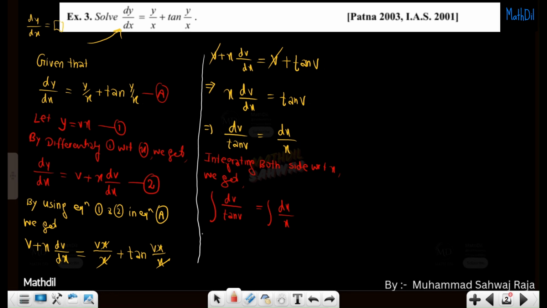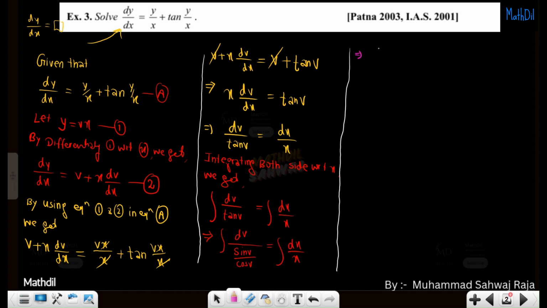And it will imply, can we write tan v like that, as sin v by cos v, so it will be dv by sin v by cos v, and it will be equal to this one.